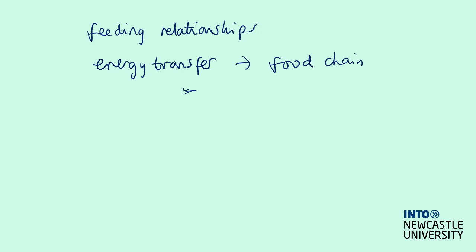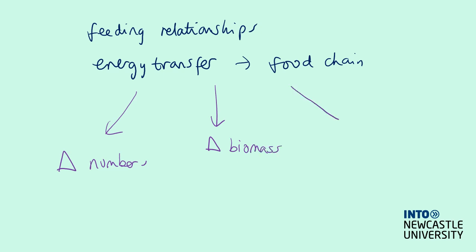And we've got three types of pyramids, and I'm going to talk about each of them in turn. We have got pyramids of numbers, we have got pyramids of biomass, and we've also got pyramids of energy.